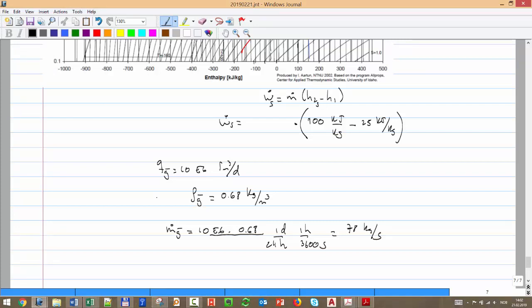A huge amount of gas, that is. 78 kilograms per second.